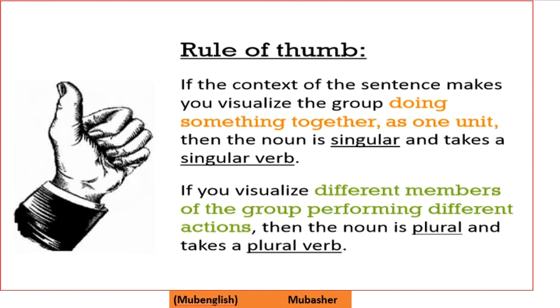And if we are visualizing the members of that particular group, the collective noun, performing different actions, as different entities, even then if we are using the collective noun, it will take a plural verb, like this one.